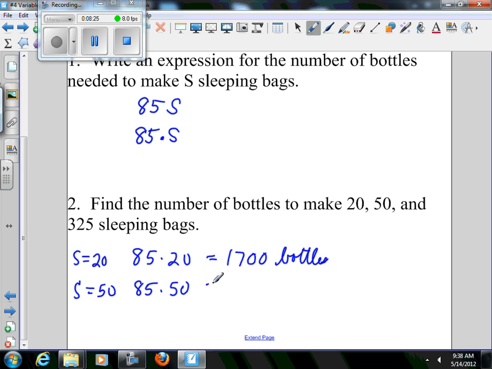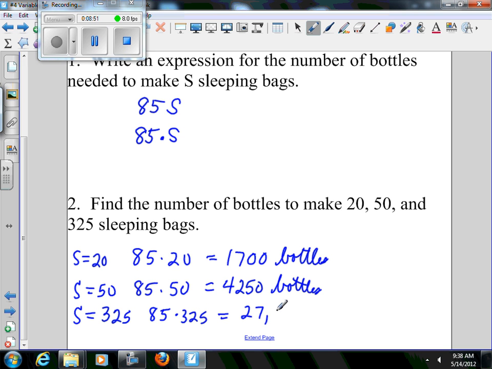And that gives us 4,250 bottles that are necessary to make 50 sleeping bags. Now, if S is 325, you want to make 325 sleeping bags, we're going to have to say 85 times 325, and that is going to give us 27,625 bottles that are necessary to make 325 sleeping bags.